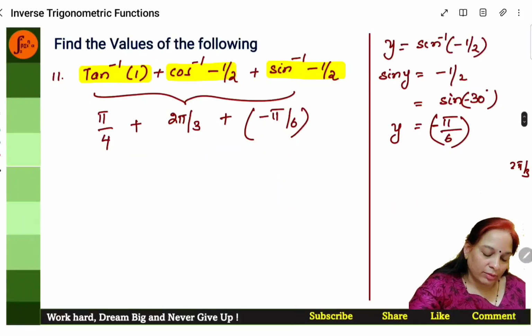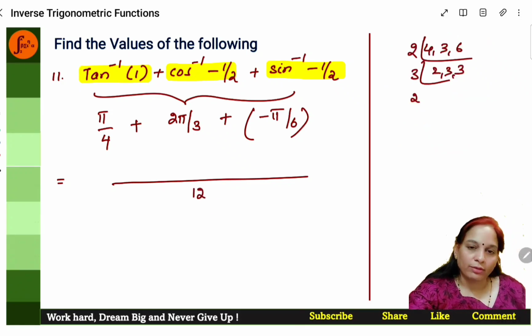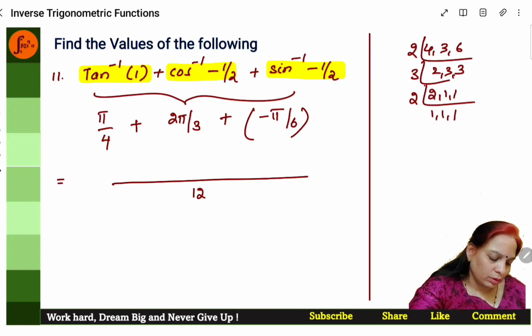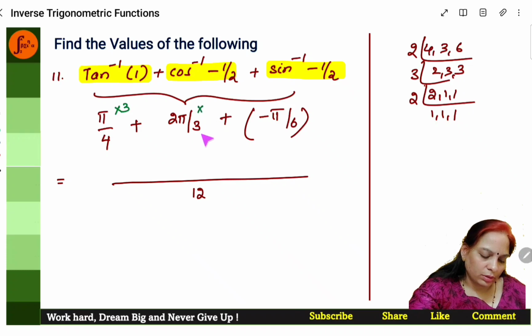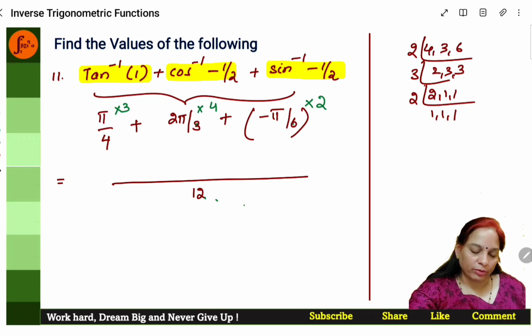Now we'll find the LCM of all these numbers, 4, 3 and 6. LCM of 4, 3 and 6 is 12, right? This will go 3 times, this will go 4 times, and this will go 2 times, right? So 4 3s is 12, 3 4s is 12, 6 2s is 12, right?